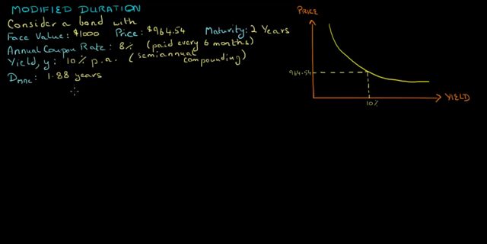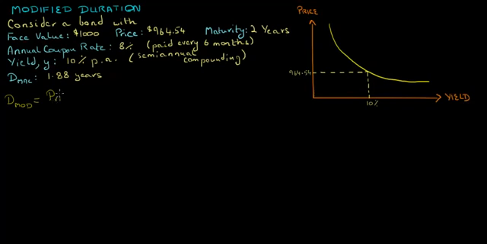But we know that Macaulay duration is better used to estimate weighted average term to maturity of a bond's cash flows. However, modified duration, denoted by D with a subscript MOD, is a better measure of approximate sensitivity of bond price to interest rate changes and is calculated as follows.